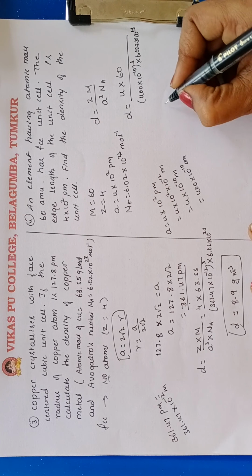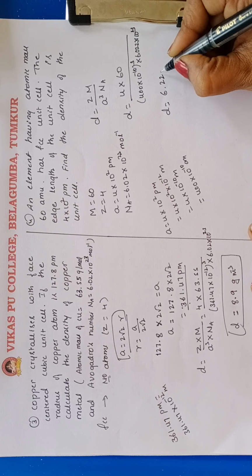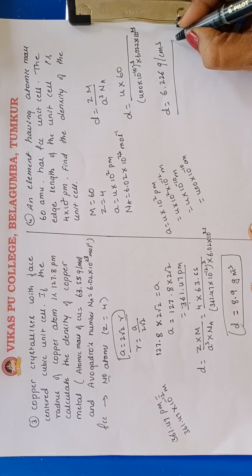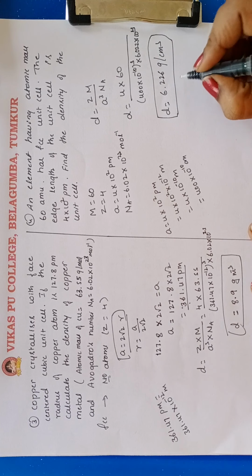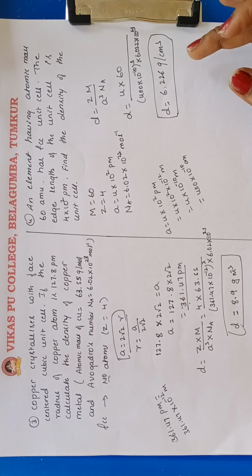Then we get D is equal to 6.226 gram per centimeter cube. This is the unit. This is about the calculation of the density of the unit cells.